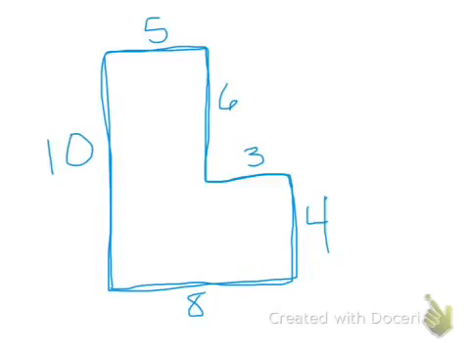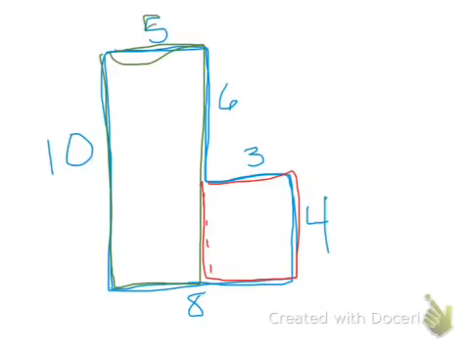Okay. First thing we need to do is split it into 2 shapes we know. You can either do it this way, or you can do it this way. I'm going to choose to do it this way. So, I have one rectangle here, and then I have a separate rectangle, this big rectangle here. So this first one is 5 by 10, because it goes all the way up and down that 10, and it goes all the way across this 5.